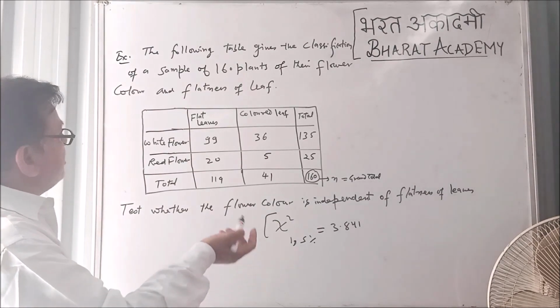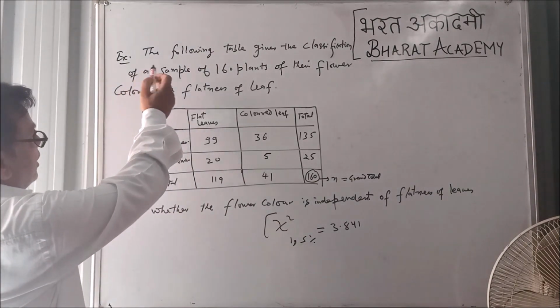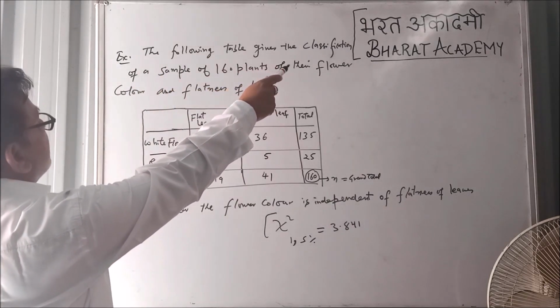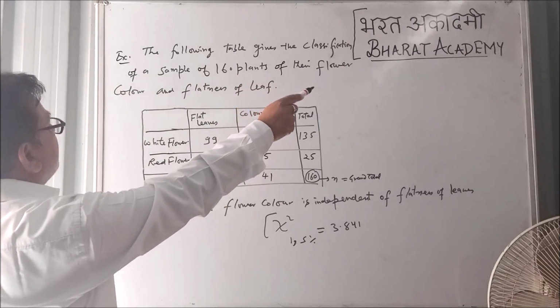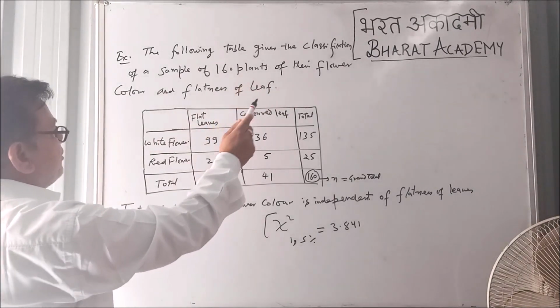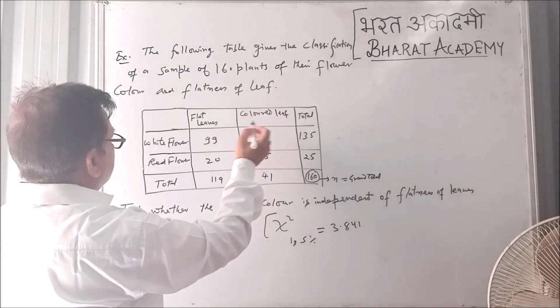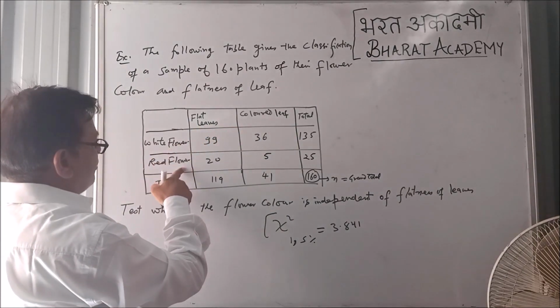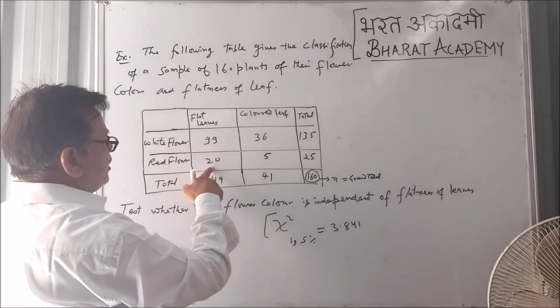Now we take the example based on the independence of attributes. The following table gives the classification of a sample of 160 plants by their flower color and flatness of leaf. The table has flat leaves, colored leaves, white flower, red flower, and the data are 99, 36, 20 and 5.